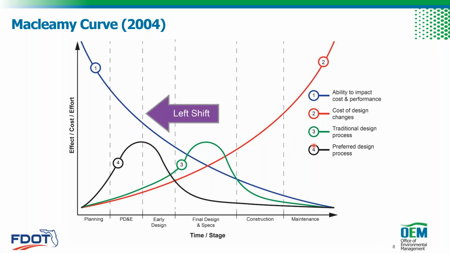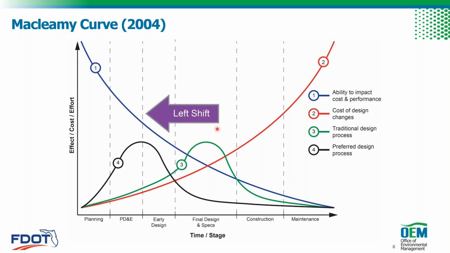If you look at where we currently place our traditional design processes, there's a lot of cost and effect and effort put in during the final design and specifications phase, right? But if we stay here, we're not getting the best benefit out of the information that's available or making the best use of the resources.